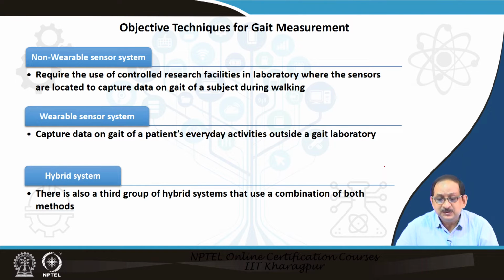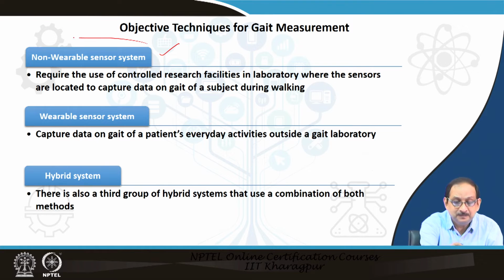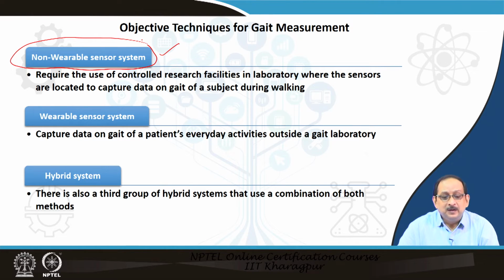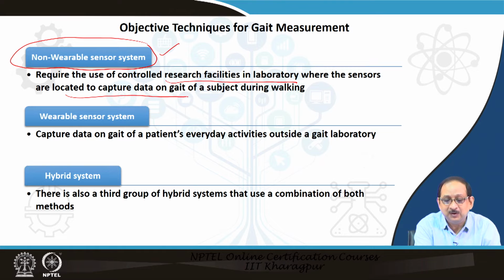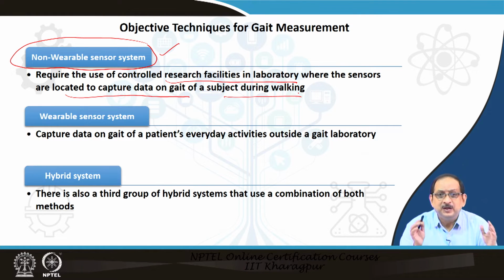The objective techniques for gait measurement are briefly presented in this slide. So, we start with the non-wearable system. This system requires the use of controlled research facilities in a laboratory where the sensors are located to capture data on gait of a subject during walking. So, it requires a laboratory setup to capture data on gait.